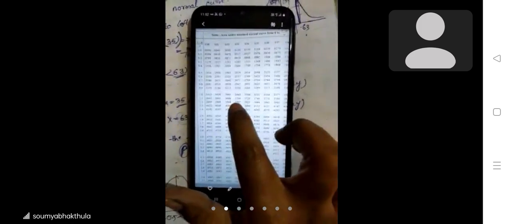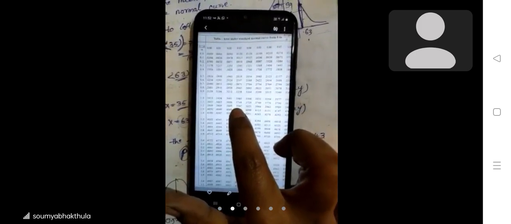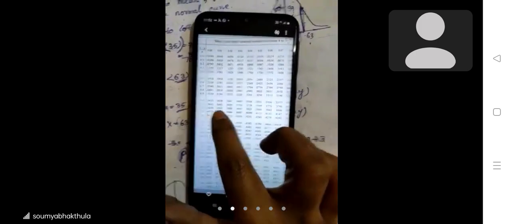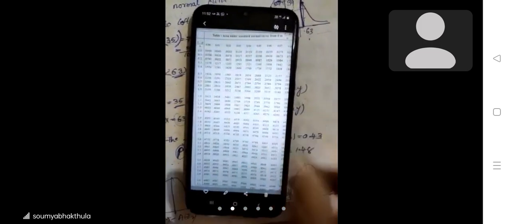So now you have to look at the table. Here I have 0.39. 1.23, ma'am. Yes, 1.23. So 1.2 here and here we have 3. So 1.23 is the z value.